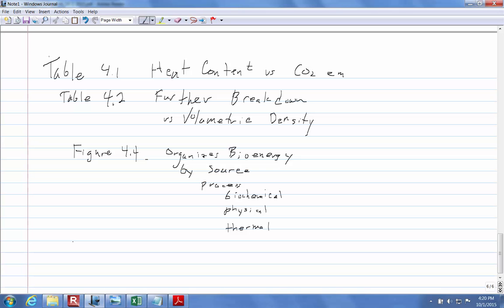I guess this table's not really too hard to understand, but again, and there's a good word, it helps categorize the different biomass energy sources. What components in those sources make it a good potential renewable energy source?